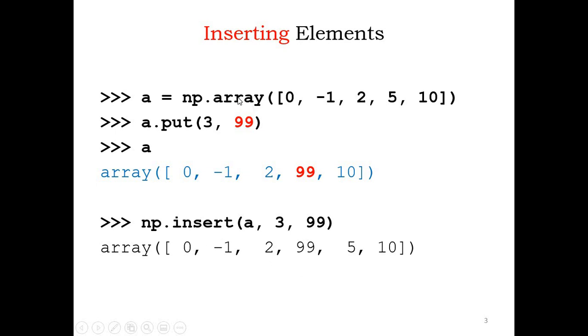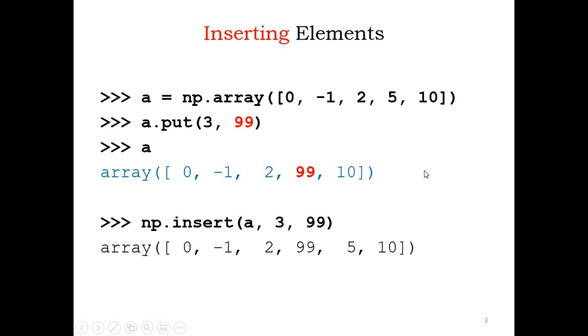Look at the original array. The element which was in the third position now remains. It does not replace it, it pushes it away. But in the other method, it actually replaces it.